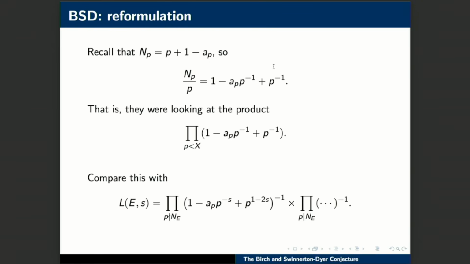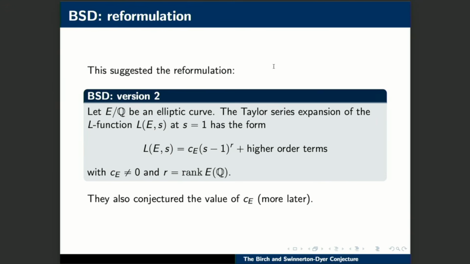If you compare that with the Hasse-Weil L-function of the elliptic curve, it suggests there should be a connection. The term that they were calculating looks like the inverse of this Euler product at s equals 1. The only problem being that the Euler product doesn't actually converge at s equals 1. Nevertheless, you can make a conjecture.